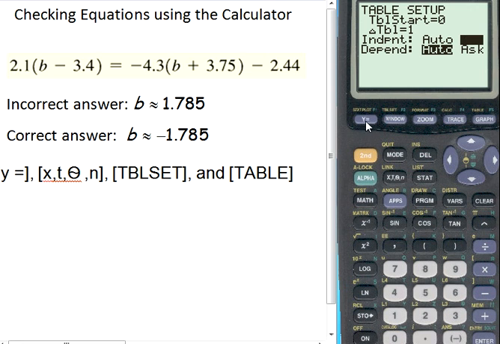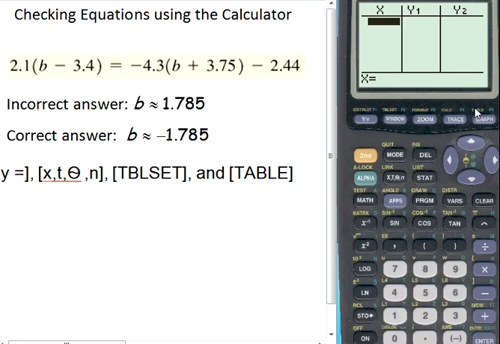And then we go directly to the table feature, and that's above the graph up on the top row of functions underneath the display. Table is right there, so we hit second and then graph, and that gives us a table. Now if some numbers are already in your table, we use the delete key, because that's a special key, DEL.